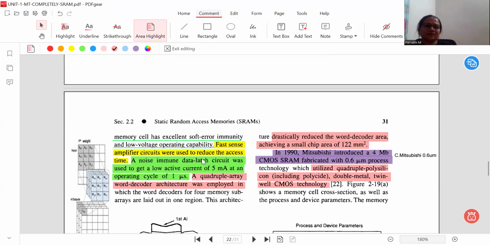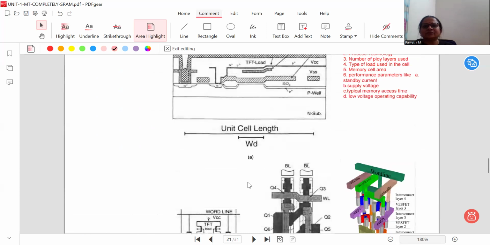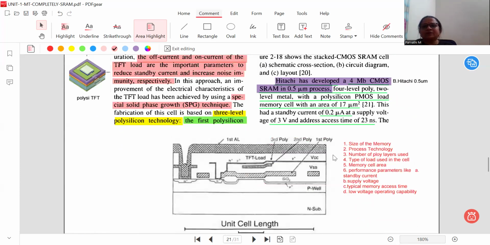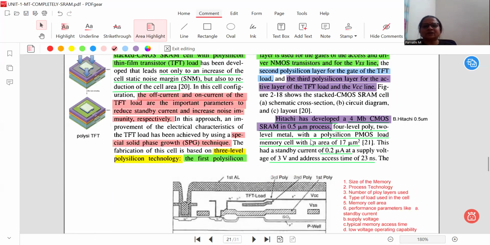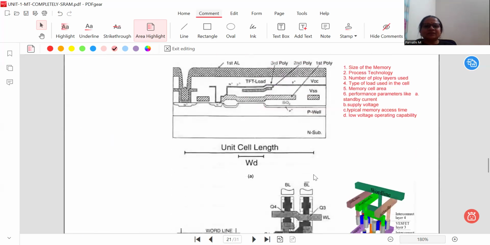Those kinds of soft errors can be eliminated with advanced technologies. These advanced technologies are very immune to soft errors and have low voltage operating capability. Advanced technologies are like what we just mentioned, the 0.5 micrometer technology with 4 MB and the TFT load.